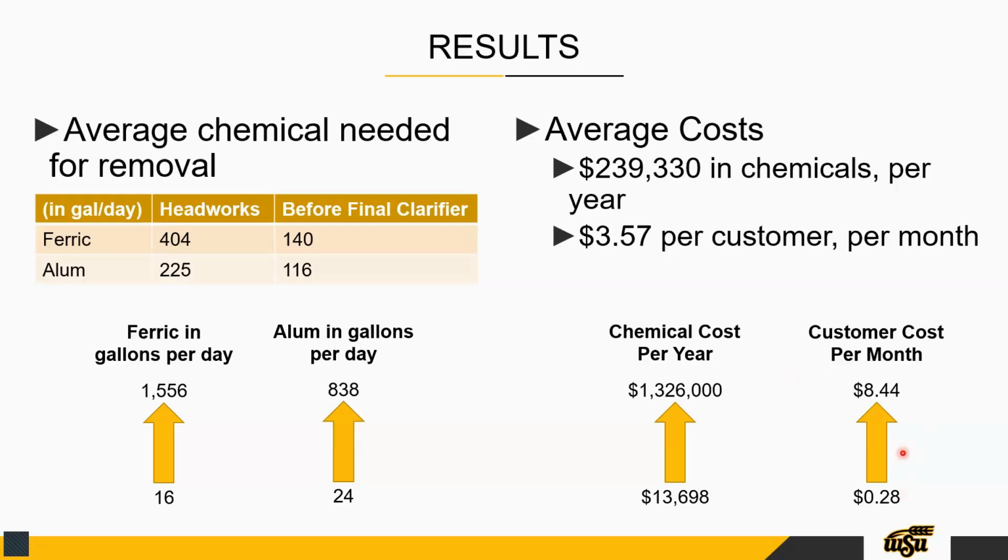So this jar testing really revealed a lot. Likewise, if you did have a really high number here, that would be like call your chemical vendor, see if you can get a pack or test out the rare earths. It's worth doing more homework on that. At the 28 cents per customer, you're probably not going to find a whole lot of savings because there's not a whole lot of cost where you're starting from.